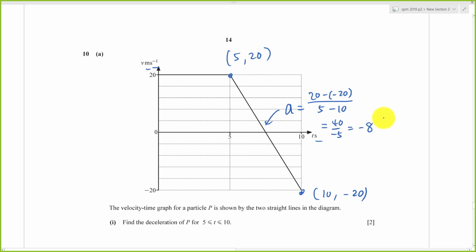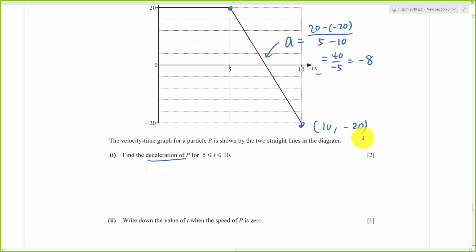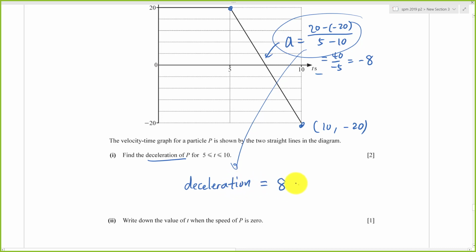So you have negative a. But the question says deceleration, that means you don't need to write the negative, because deceleration already means negative. So therefore, deceleration equals a.